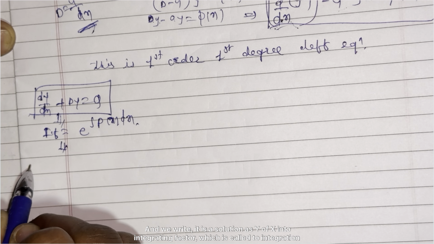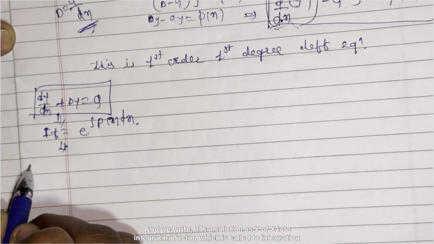Now we want the solution in the form of y of x. See that e raised to minus ax is here as a negative power, so if it goes to the other side, obviously it goes to the positive power. So we write y of x equal to e raised to positive power ax times integration of phi of x e raised to minus ax dx plus c.